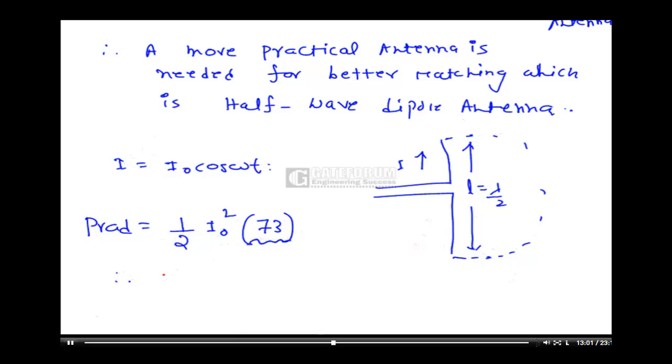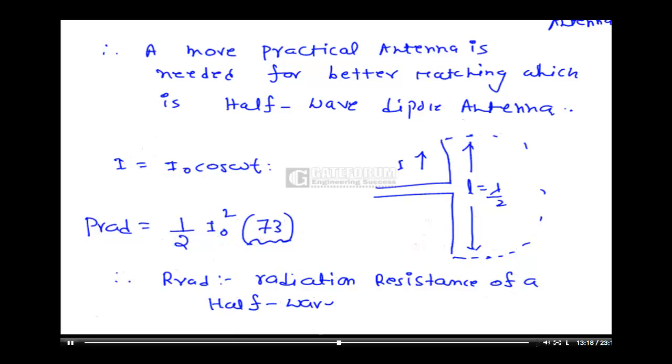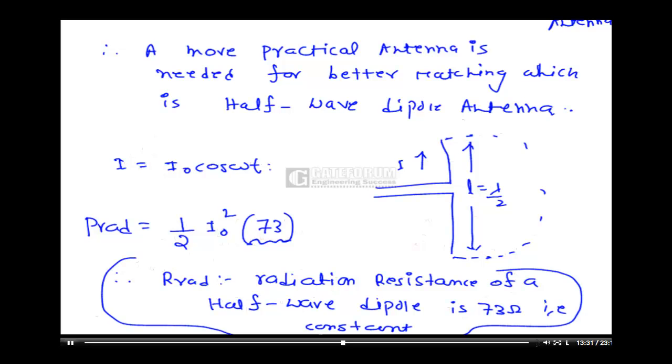Therefore we can say that R radiation, that is the radiation resistance of a half wave dipole, is 73 ohms, that is constant, which is a very important statement.